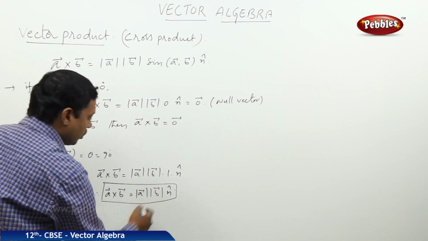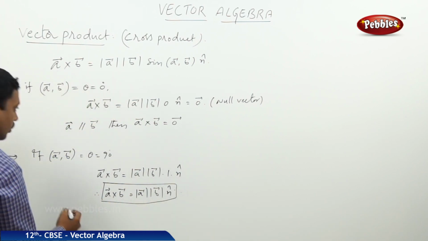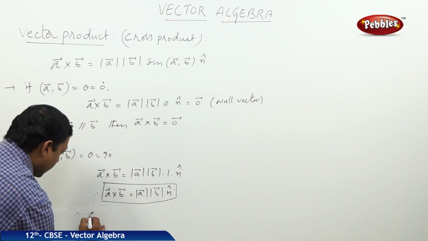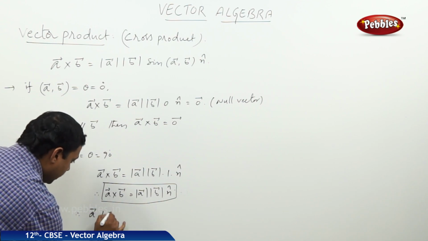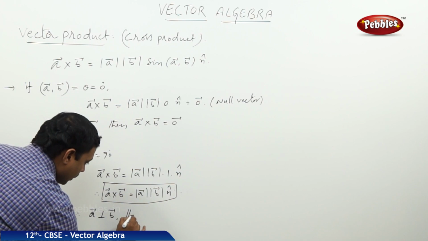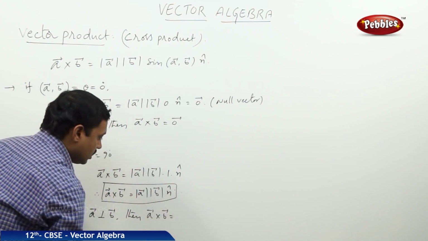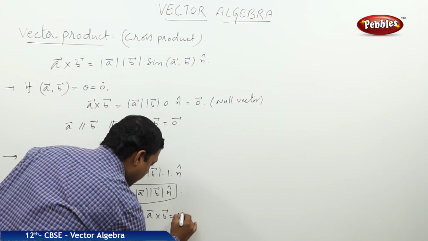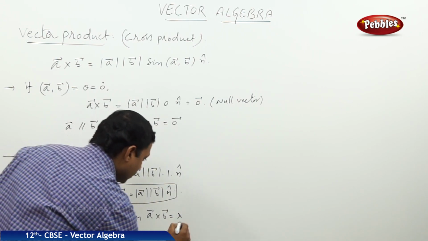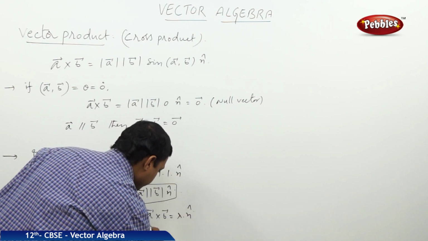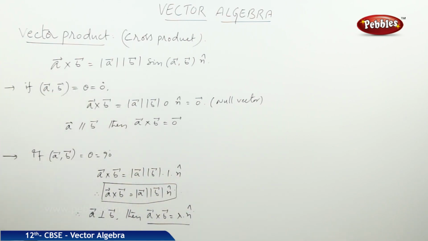Therefore, finally, if A vector is perpendicular to B vector, then A cross B is equal to some lambda into n cap.